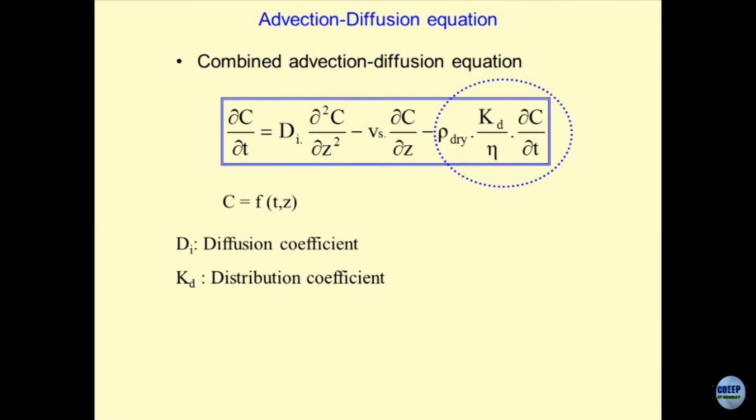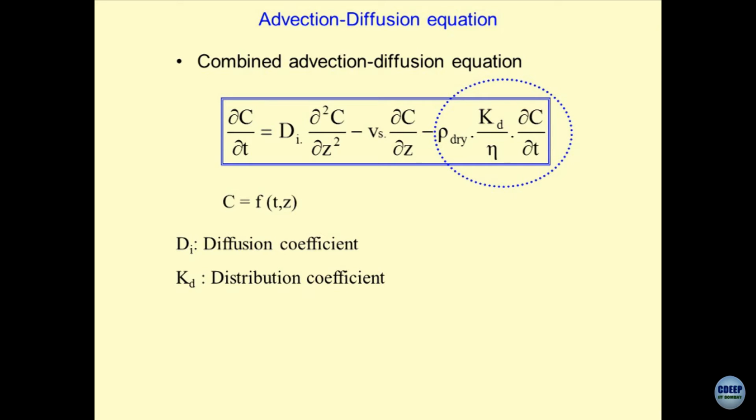This coefficient Kd is the distribution coefficient, which defines the sorption-desorption phenomena which we are talking about. Eta is the porosity of the soil mass or the porous media, rho dry is the dry density of the porous media, del C by del T is rate of change of concentration with respect to time. So, this equation is the one dimensional ADE.